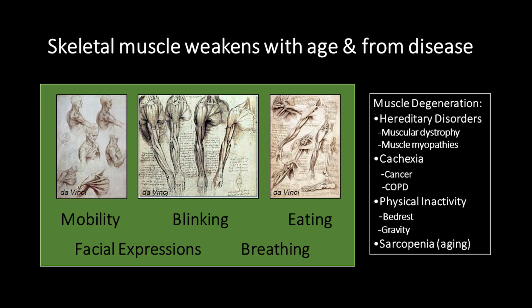So just like many other tissues in the body, one of the aspects of skeletal muscle is that it declines in function and also in strength with age and with a number of genetic disorders. So things like Duchenne muscular dystrophy or aging, or even muscle atrophy that's caused by absence of gravity or bed rest.